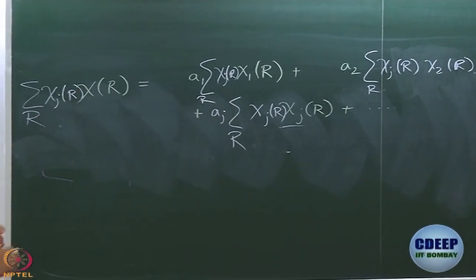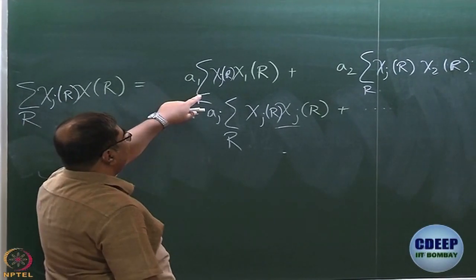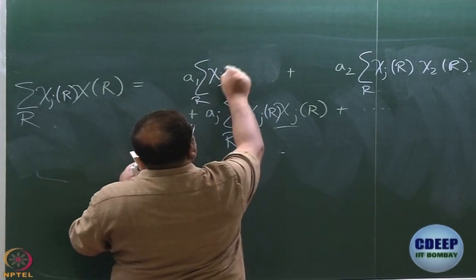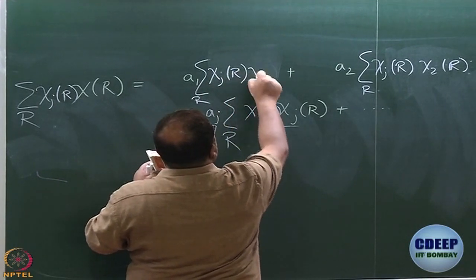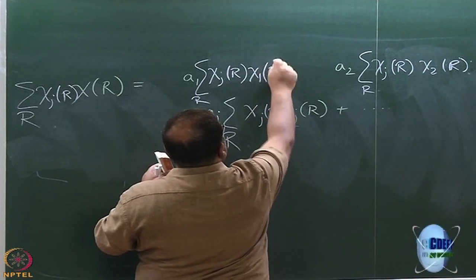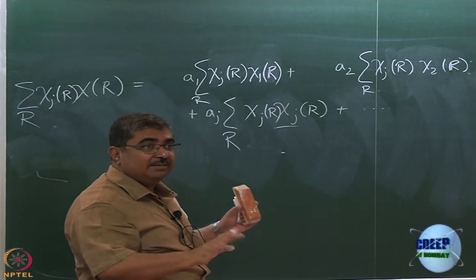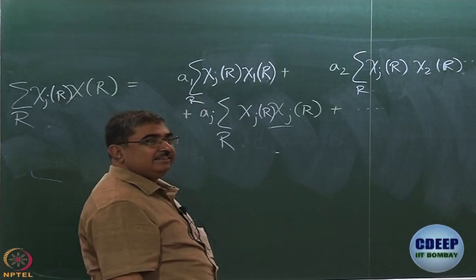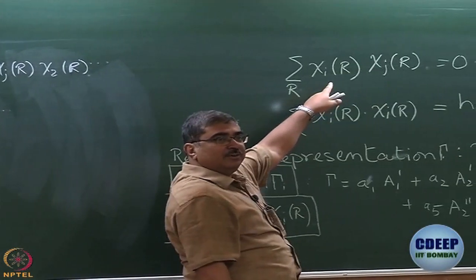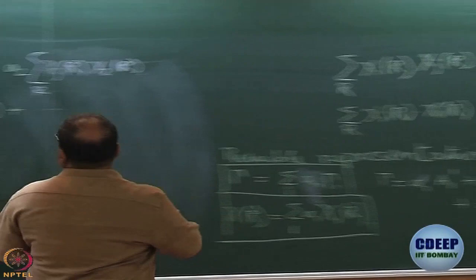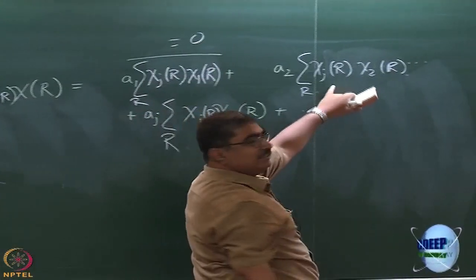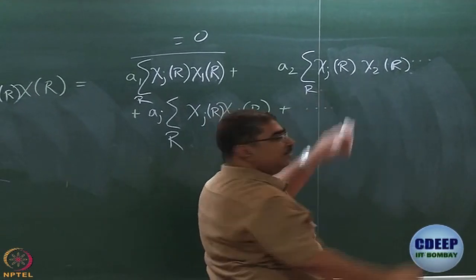Alright. So see, what is this one? Sum over R, chi_j(R) chi_1(R). j is not equal to 1, right? j is some other number. So sum over R, chi_j(R) chi_1(R), what is that? 0, right? So this is equal to 0. What about this? 0.